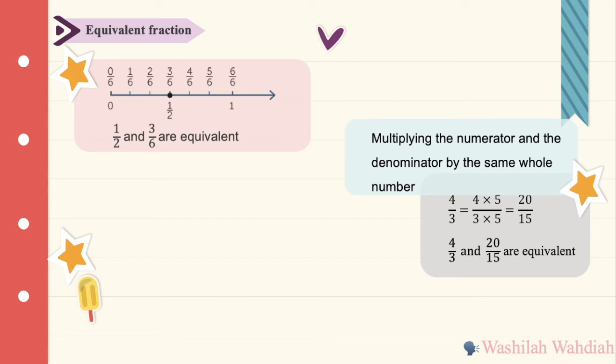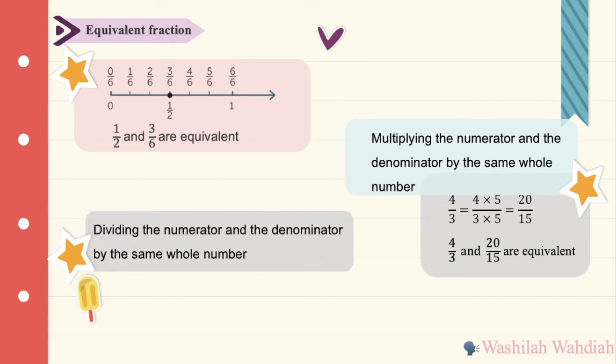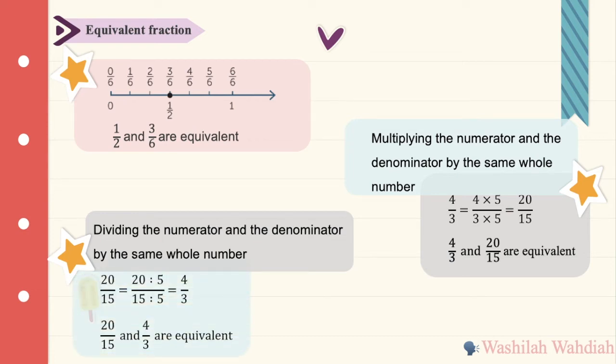Likewise, fractions obtained by dividing the numerator and the denominator by the same whole number are equivalent. For example, 20 over 15 equals 20 divided by 5 over 15 divided by 5, which equals 4 over 3. So, 20 over 15 and 4 over 3 are equivalent.